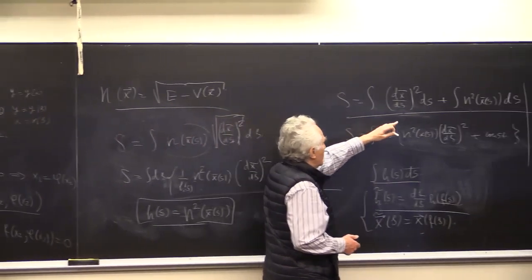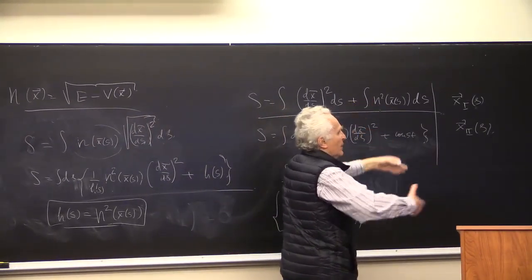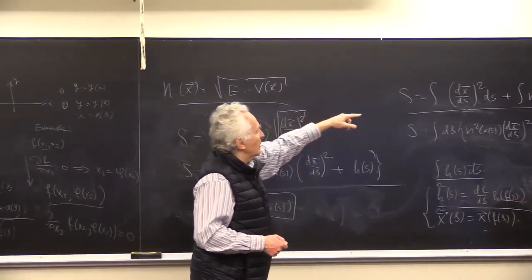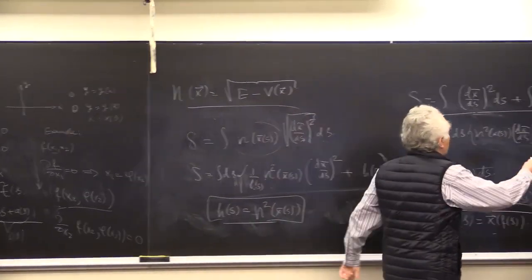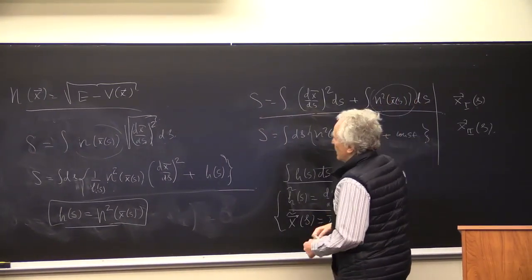In this case, n square, E does not change the equation of motion. All actions are defined up to a constant. So you see, n square is basically minus potential energy plus something.